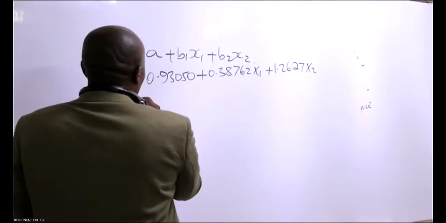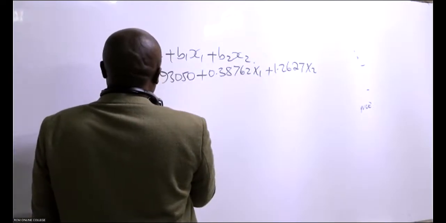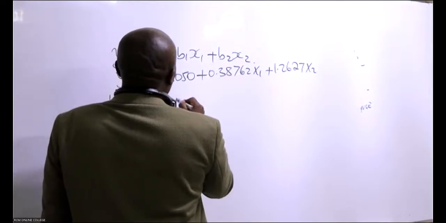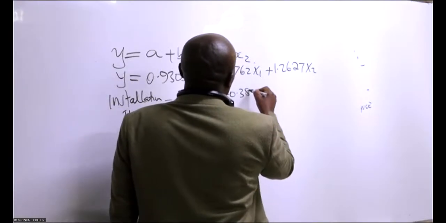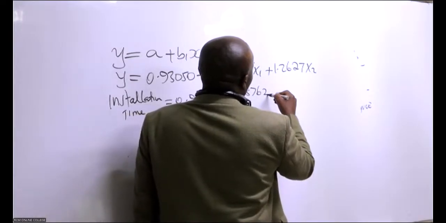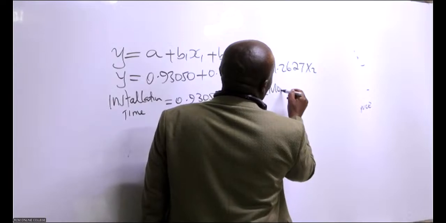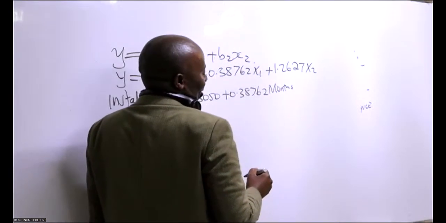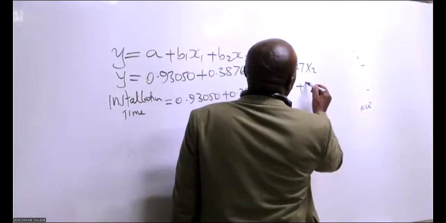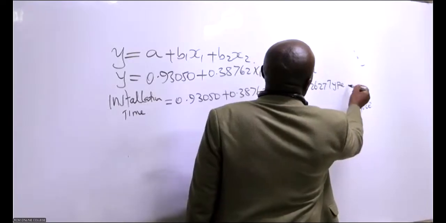But just to demonstrate broad understanding of the subject, installation time will be equal to 0.93050 plus 0.38762 x1, where x1 stands for number of months. It's written there. Plus 1.2627 tariff.